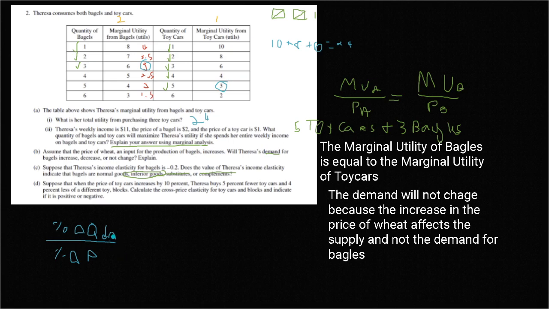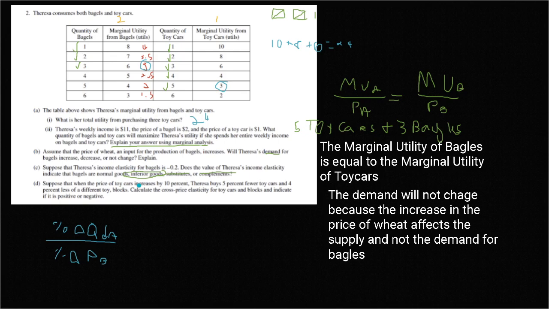So if this is good A, then this is good B. And whichever information you have will dictate which is which. So let's see.